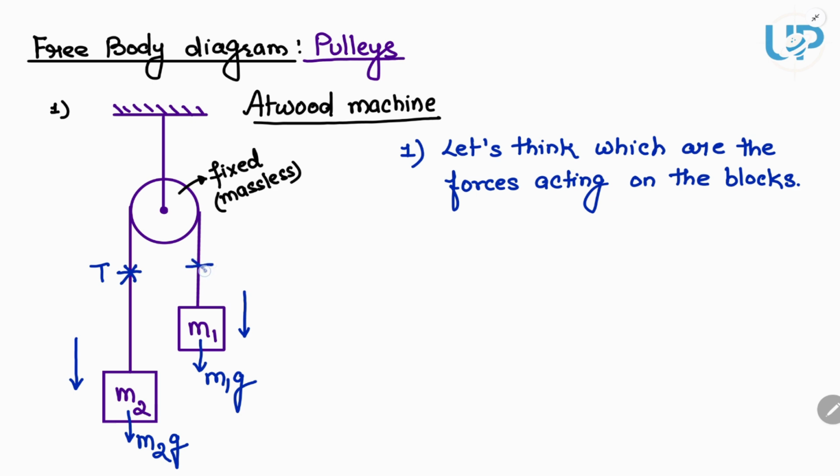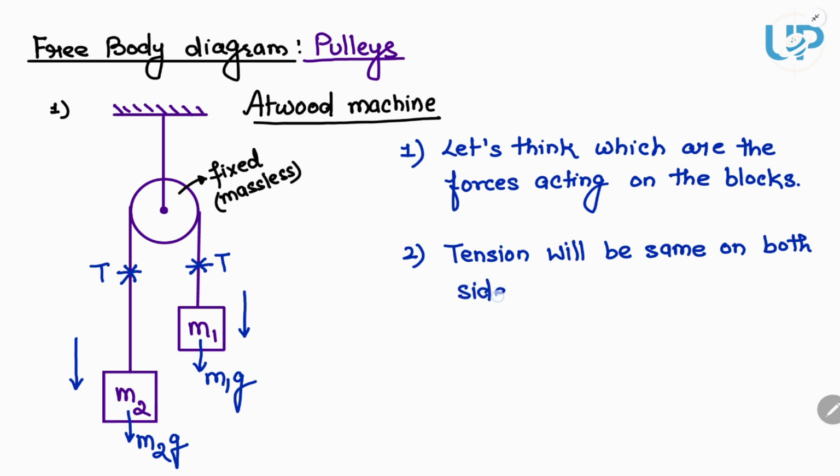And as I have said earlier, the tension will be same on both sides. Why is it so, beta? Because the pulley is massless. That is why the tension will be distributed all along the string as seen.